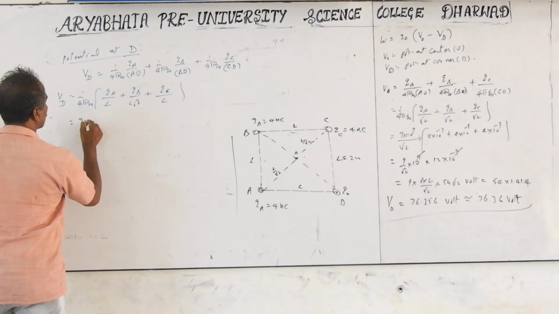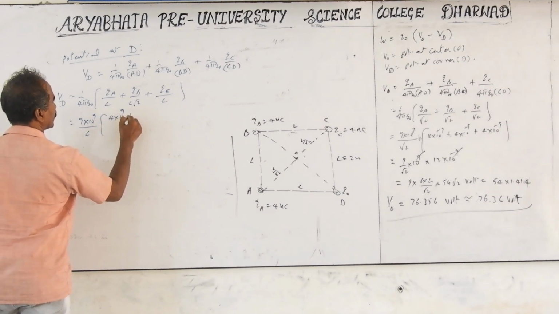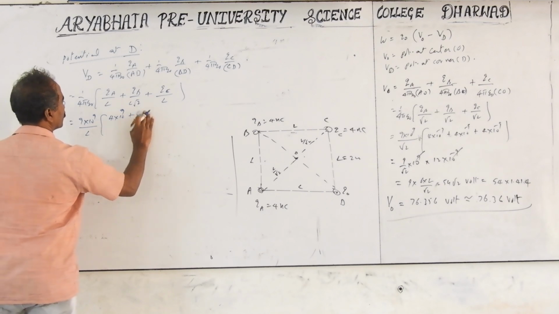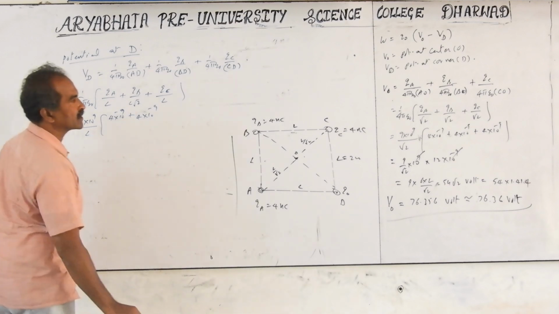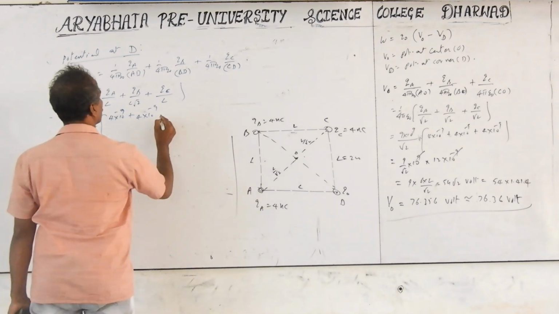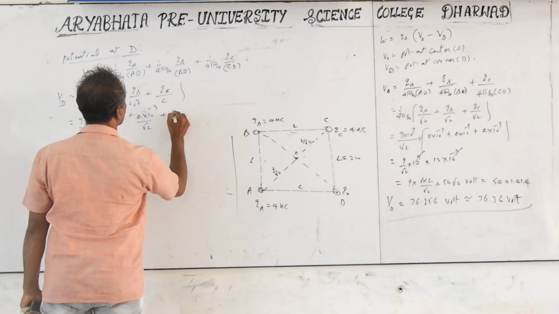This is 9 into 10 to the power of 9 by L. QA value is 4 into 10 to the power of minus 9, plus 4 into 10 to the power of minus 9 by root 2, plus this part 4 into 10 to the power of minus 9.